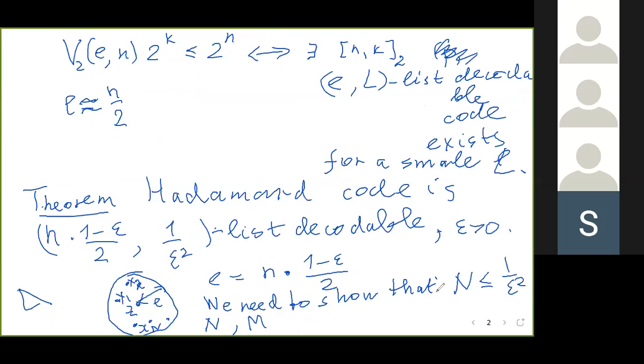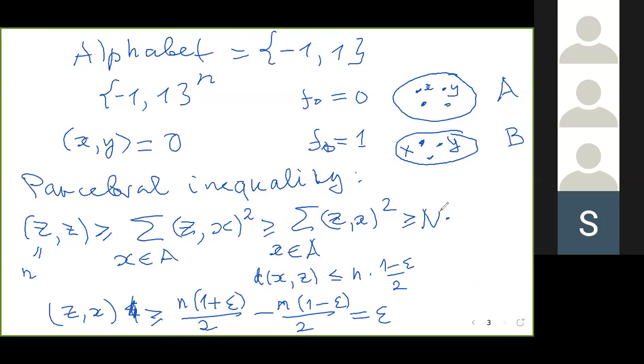And we will show that both are at most 1 over epsilon squared. And this is because this is at least epsilon squared times n, and hence times n, because this is, I'm sorry, n times epsilon.